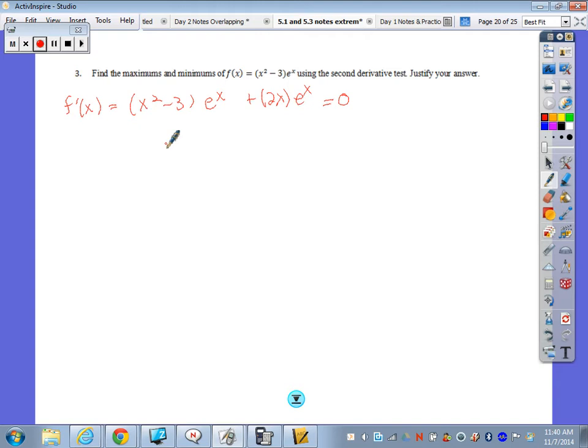Always factor if you can. So I'm going to factor out e to the x, and then I get x squared plus 2x minus 3. Factor that, so I get x plus 3, x minus 1, and then I'm going to set each term equal to 0.